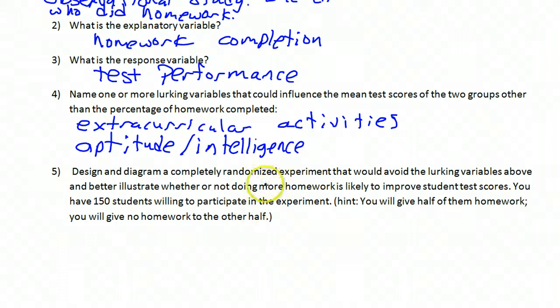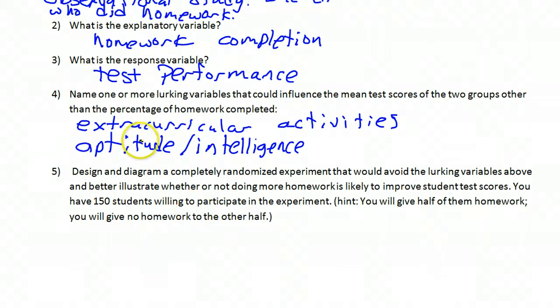But accidentally, she might have a group of low aptitude kids and then a group of high aptitude kids. So when you look at those test scores, that might not tell you anything about whether or not homework helps you do better. It might just be reflecting the intelligence of your kids.